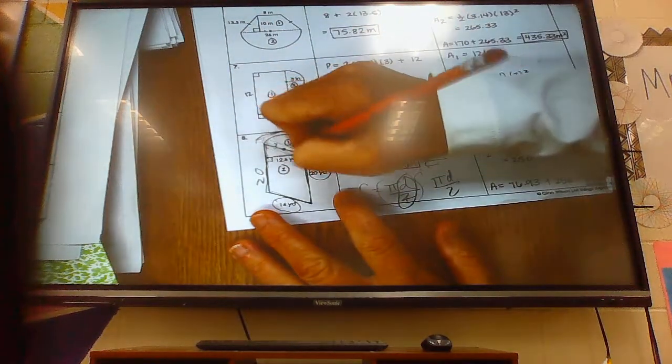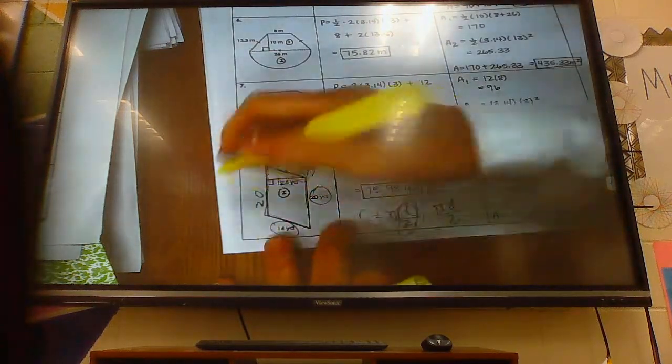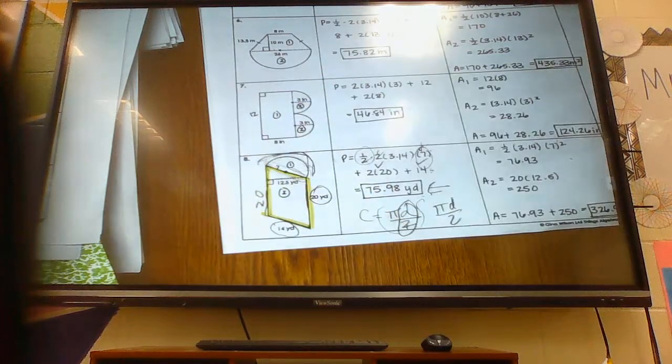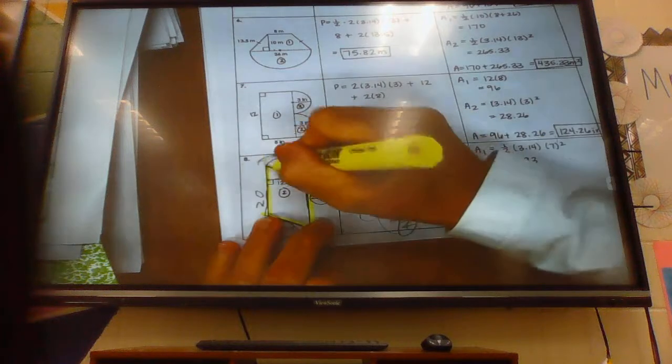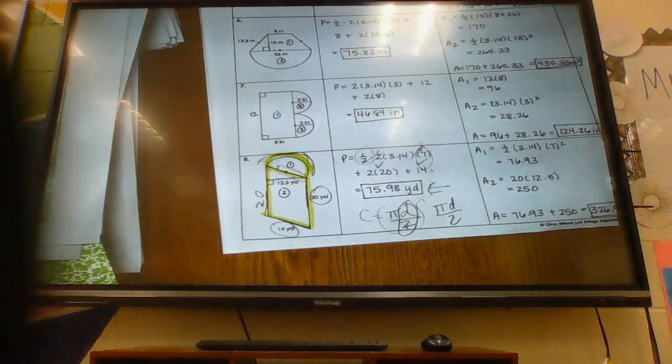Look, they give you that, but you are finding the perimeter and area of the parallelogram. See it? Then you're finding the perimeter and area of the semicircle. And put the triangle in there with the height too.